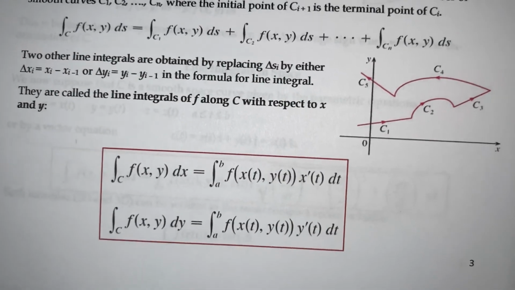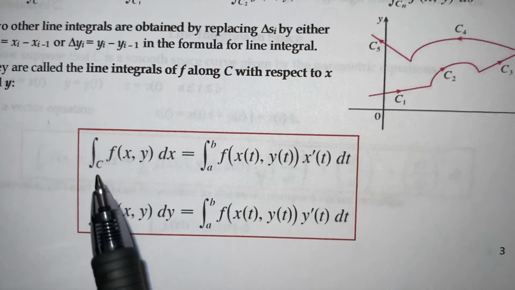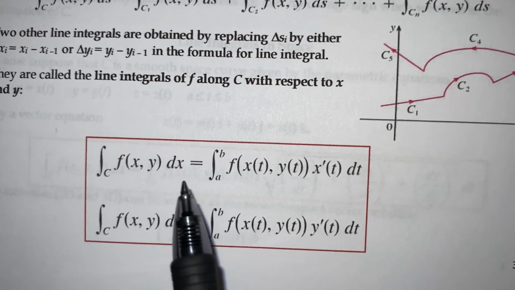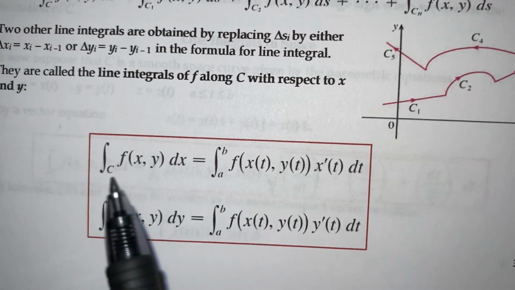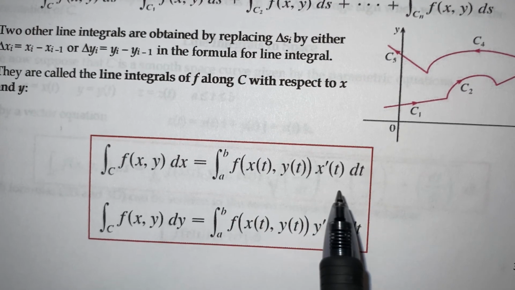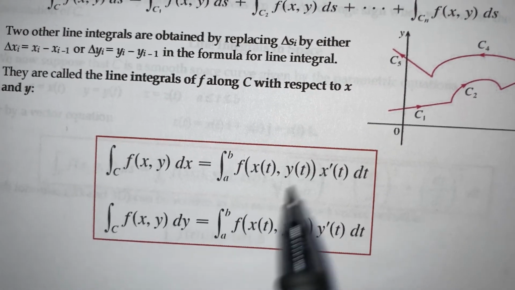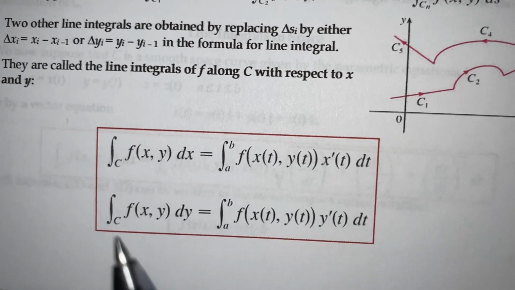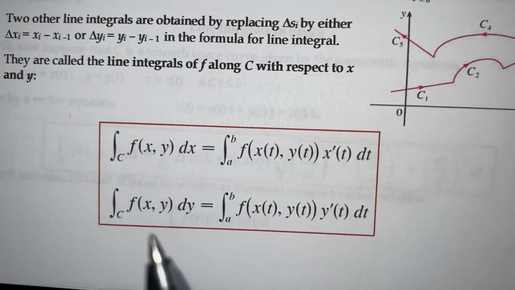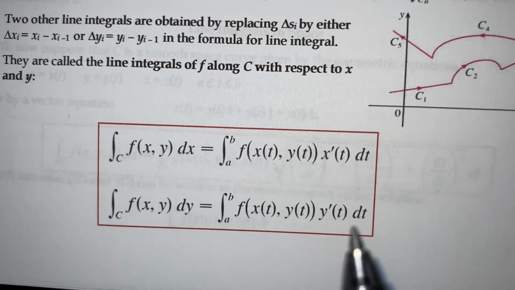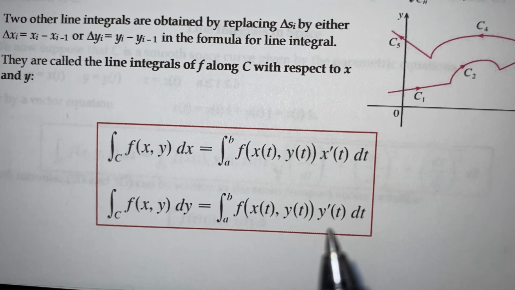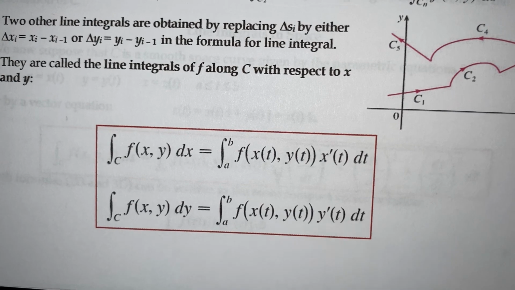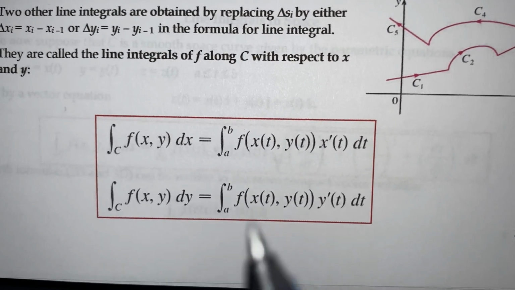If I'm looking for the integral with respect to dx, then it's going to be x prime of t. Or for the integral of f of x, y dy, we're taking y prime of t. All right, so this is just for the next example.